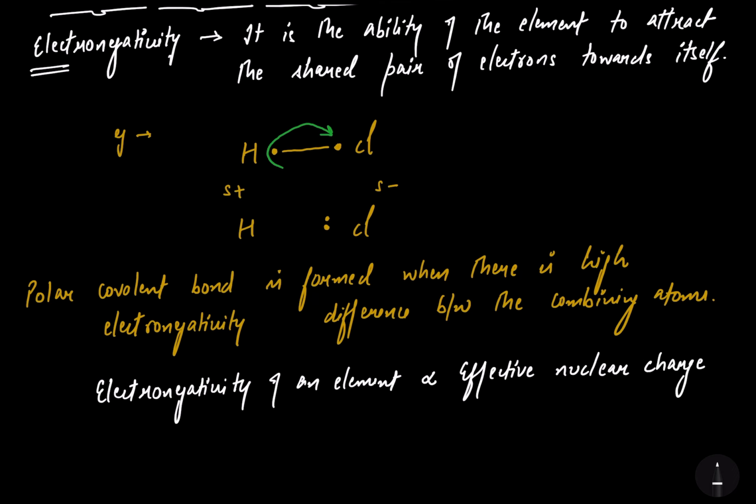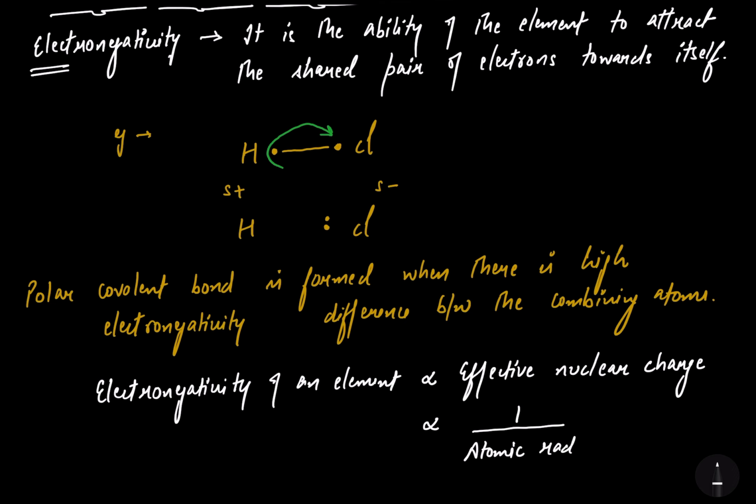More the effective nuclear charge, more will be the ability of an element to attract the shared pair of electrons towards itself. And electronegativity is also inversely proportional to the atomic radius.